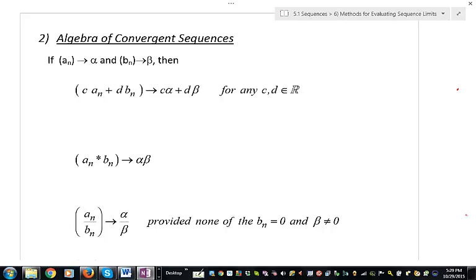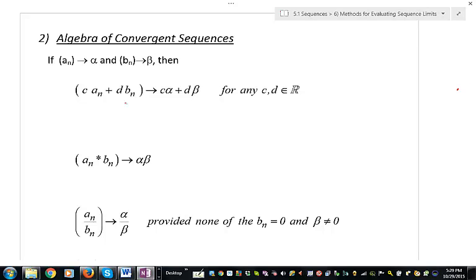So we're going to say that if we have some sequence a sub n that converges to alpha and some real sequence b sub n that converges to beta, then the sequence that's formed by the linear combination converges to what we think it should converge to. In other words, one way to think about this is that the limit basically distributes across this sum.